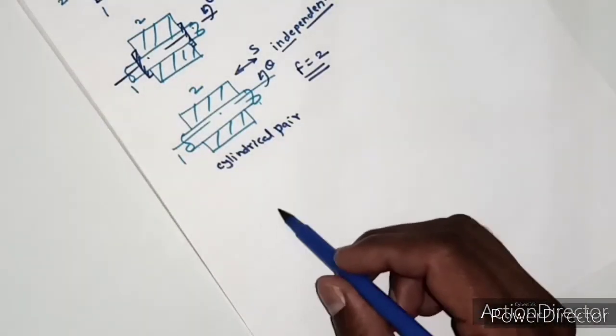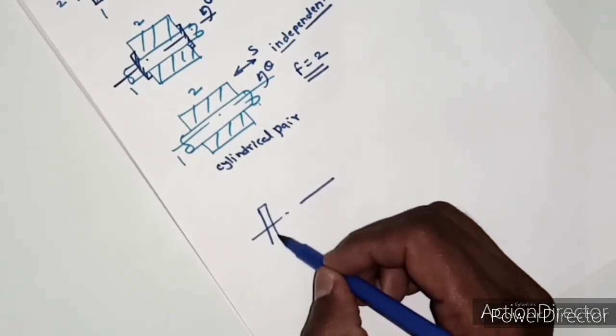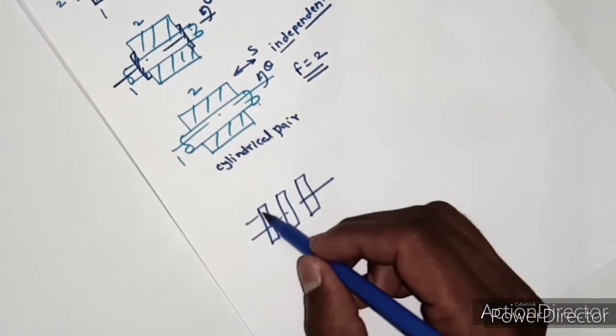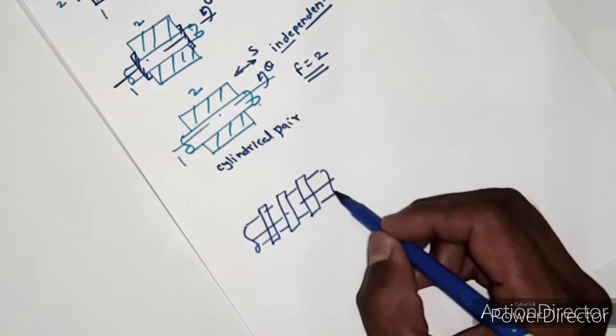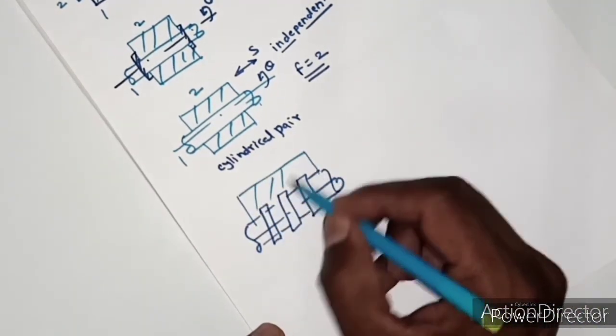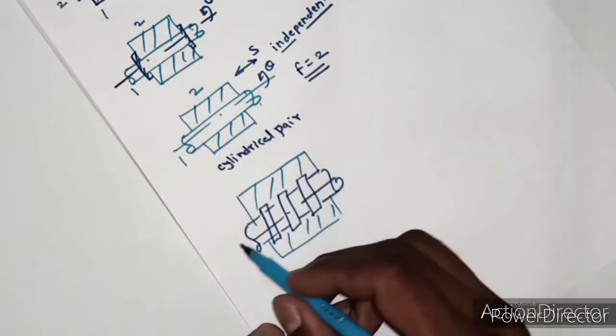Now the screw pair. In case of a screw pair, one element in the form of a screw or threads turns inside another element. This is a screw pair.